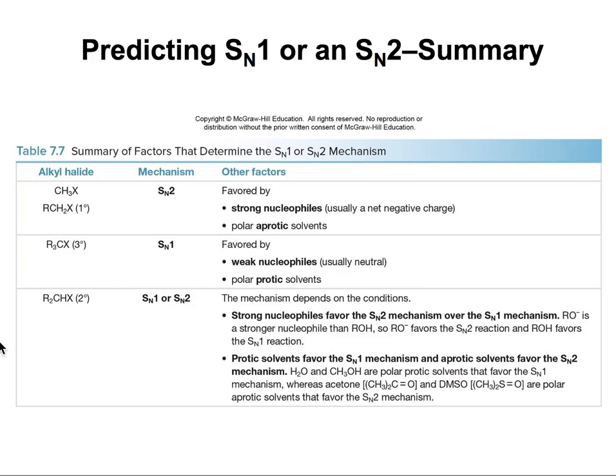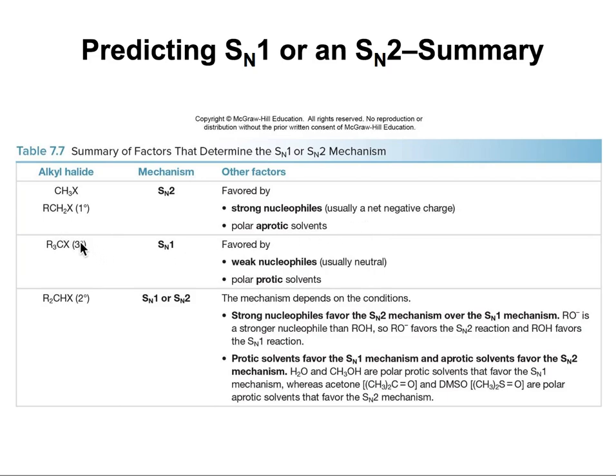So in summary, when we have a methyl or a primary alkyl halide, the reaction will go through an Sn2. And that will be favored by strong nucleophiles and polar aprotic solvents, because those only interact with the positive cations.